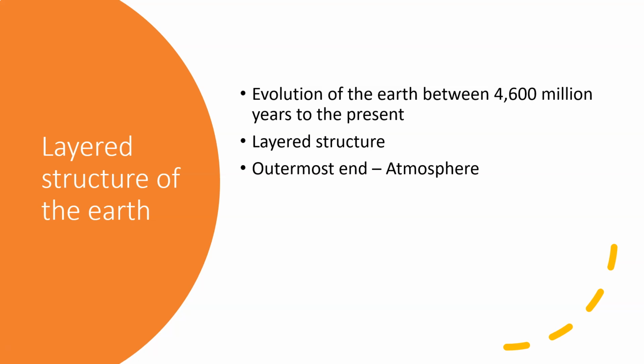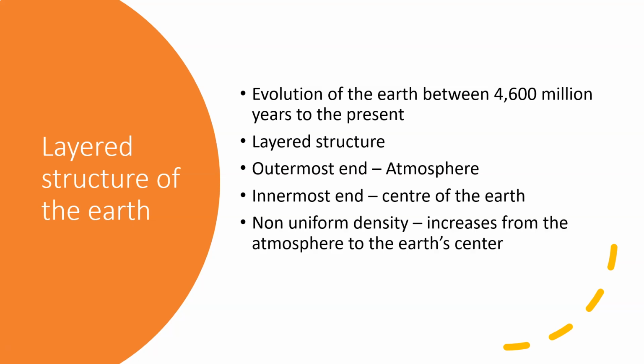From the outermost end, which is the atmosphere, to the innermost end of the Earth, which is the core, we know that the material that exists is not uniform. The atmospheric matter has the least density. And as you go from the surface to the deeper depths, the Earth interior has different zones, and each of these contains materials with different characteristics.